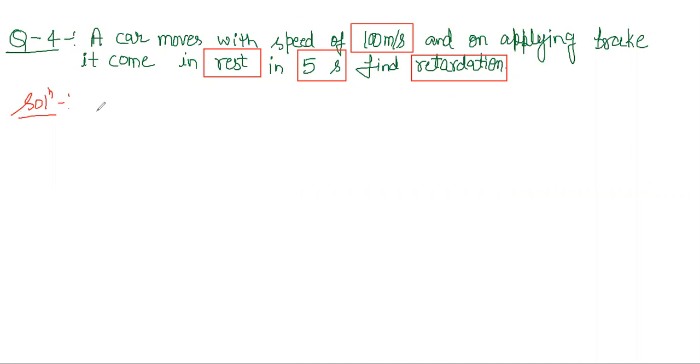What is retardation? First of all, retardation means negative acceleration. It is nothing else, it is negative acceleration. Suppose the speed of the car is decreasing, it means it has negative acceleration, and in that situation we will call it retardation.